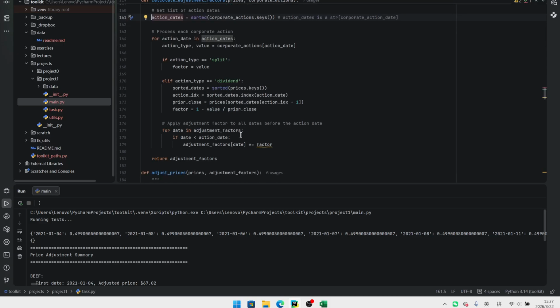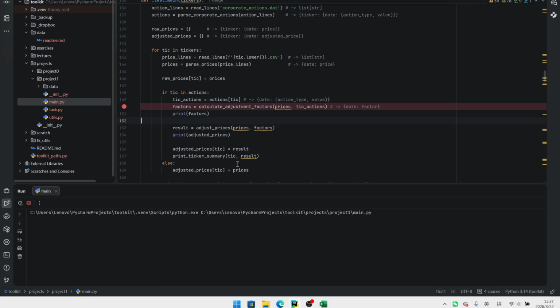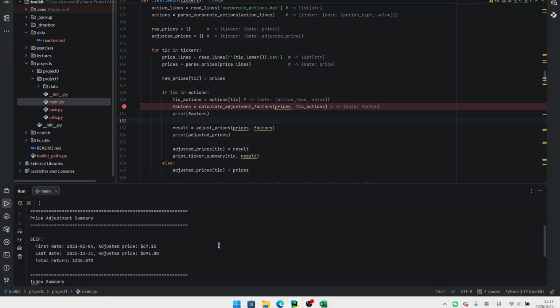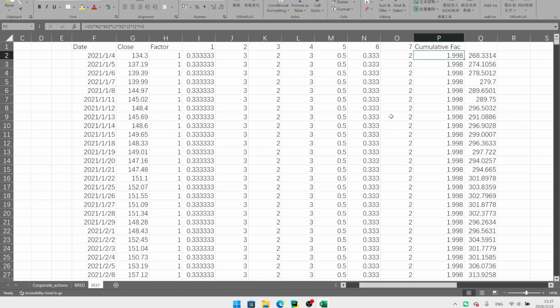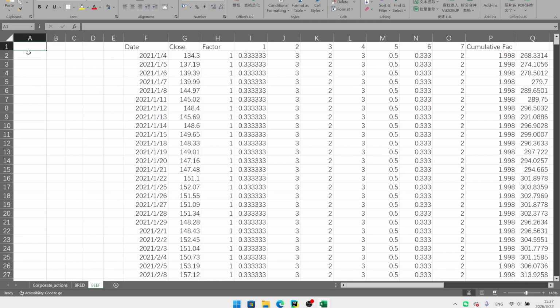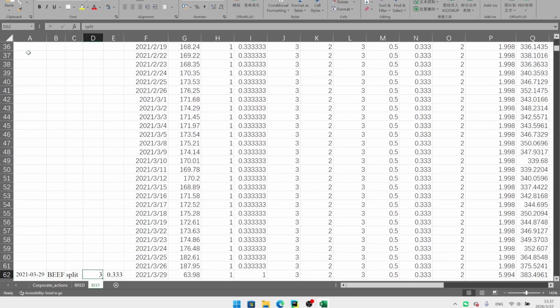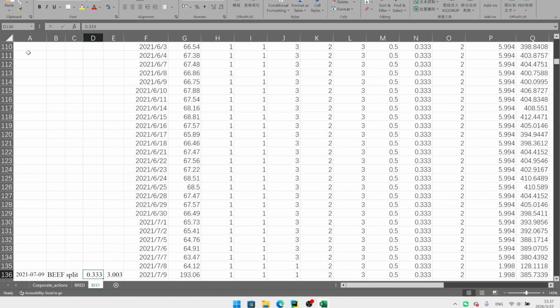It's not a simple divide task. There is something. Oh, yes, it's 0.5. So what does that mean? And you go split 3. 3 means 3 for 1, divide 1, 2, 3, so it is 0.33, correct? It should be 3.